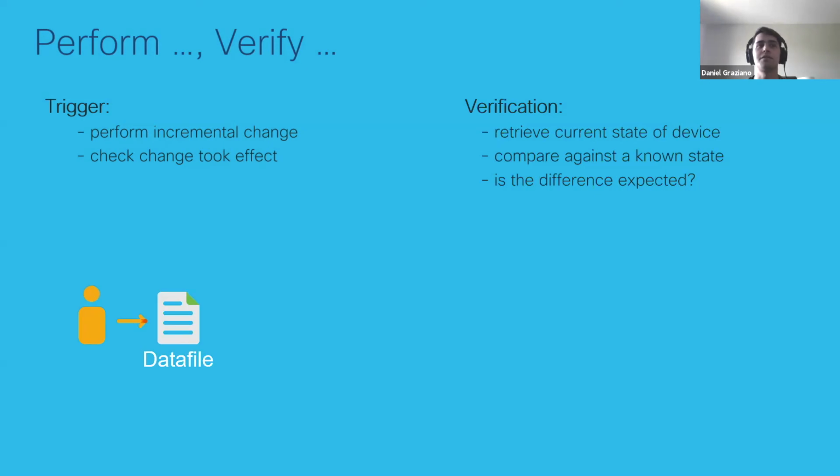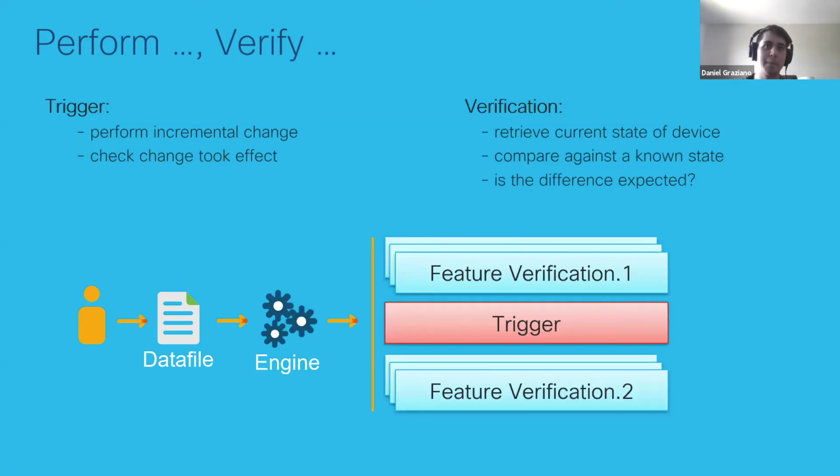The way this works is you as a user will create the data file which drives the triggers and verifications. And that data file is ingested by the engine, which will then create the order that everything is running. So if we have one trigger with one verification, it will look like this. It'll run the first verification to grab the initial state of the device, and then it'll run the trigger, for example, shutting an interface and unshutting it.